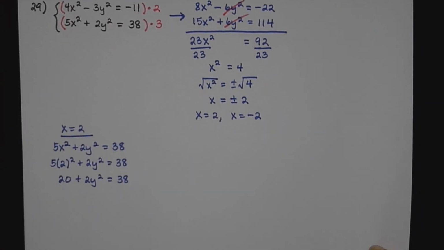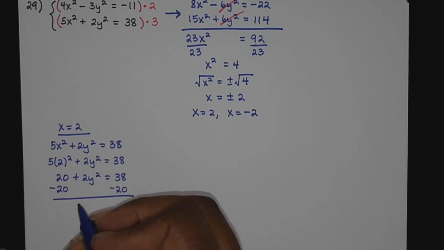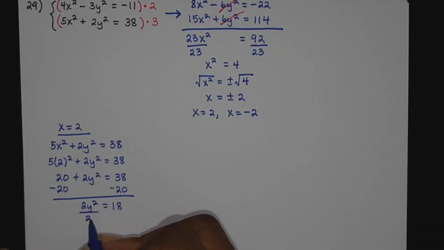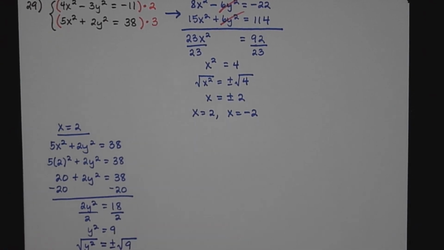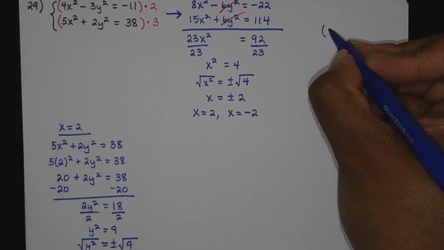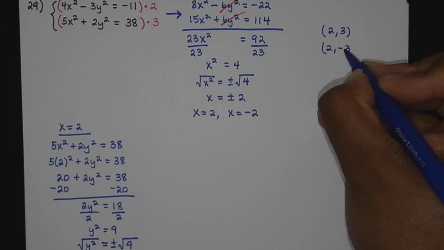Subtract 20 on both sides. 2y squared is equal to 18. Divide both sides by 2, you'll get y squared is equal to 9. And if you take the square root on both sides, include that plus or minus symbol, that means y would be equal to plus or minus 3. So I know for x equals 2, it's going to be positive 3, and also for x equals 2, it's going to be negative 3.